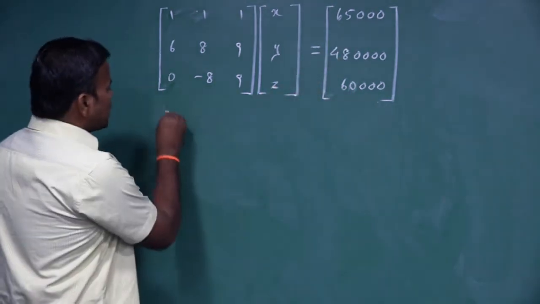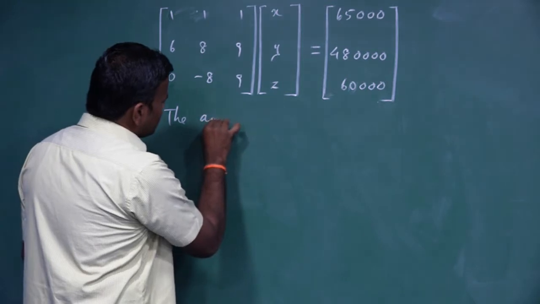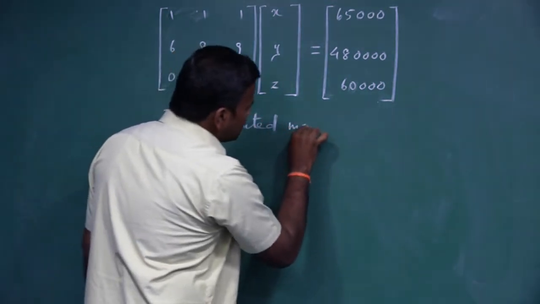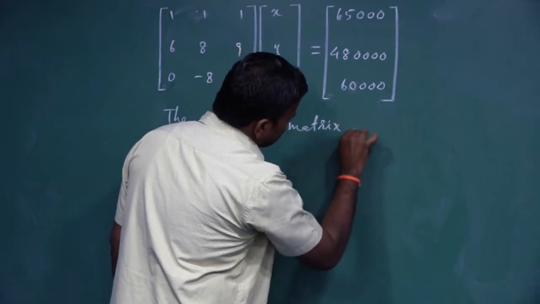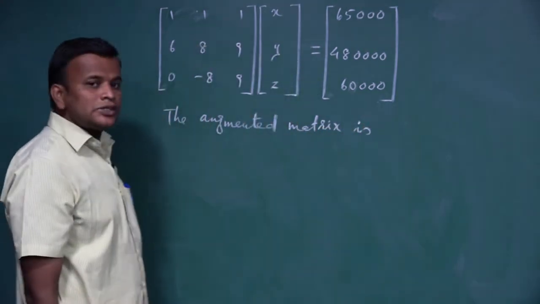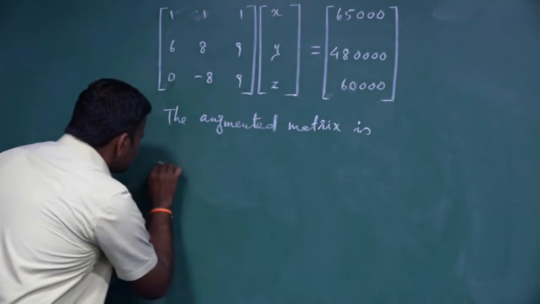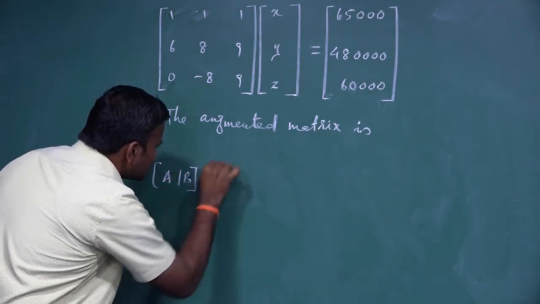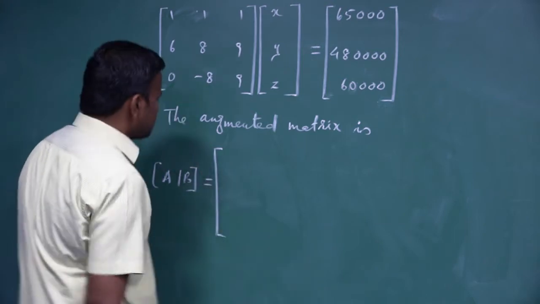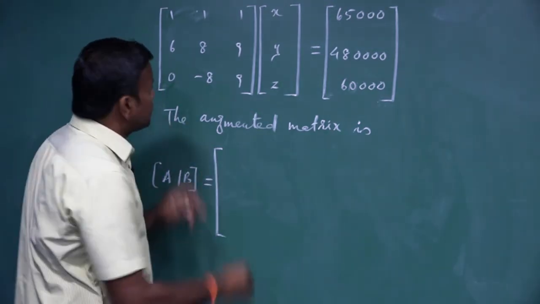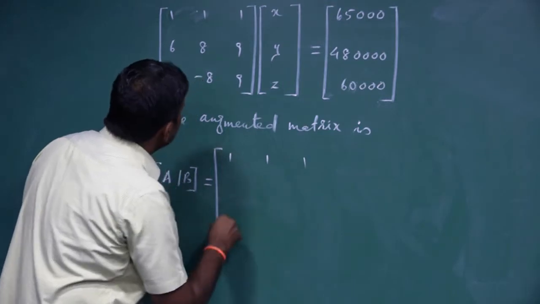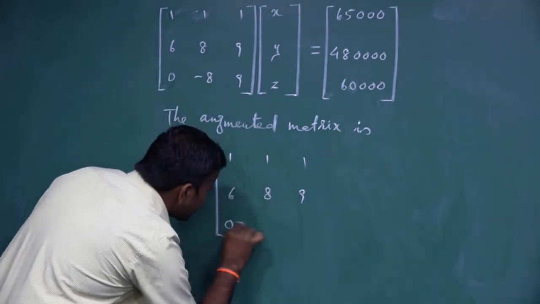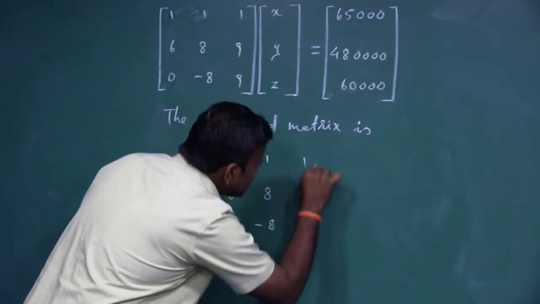The next step is the augmented matrix. Another name for augmented is extended: A by B. First you write the values of A: 1, 1, 1; 6, 8, 9; 0, minus 8, 9.